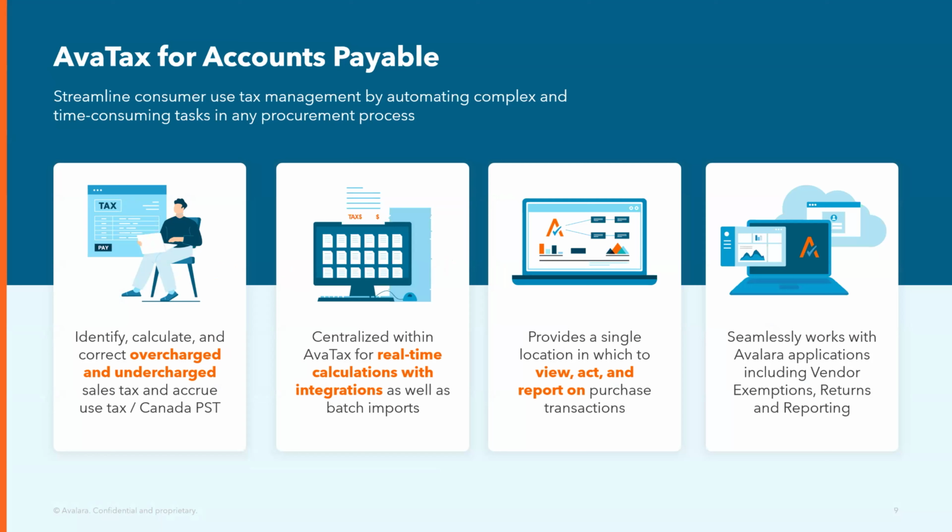Avalara can also handle Canadian PST. All of this consumer use tax data is now in a centralized place within the Avalara tax engine. This allows the data to flow across the various other solutions within the Avalara portal, which include your exempt certificates, reports, and returns.